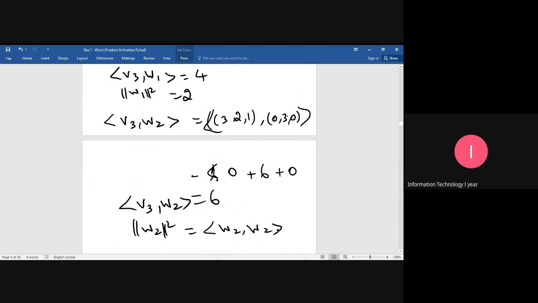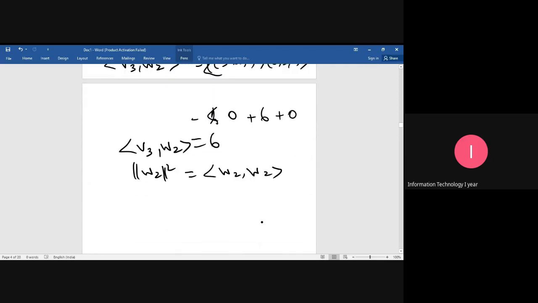This is the formula for norm W2 square. So substitute W2 now: W2 is 0, 3, 0, so the inner product of 0, 3, 0 with 0, 3, 0.